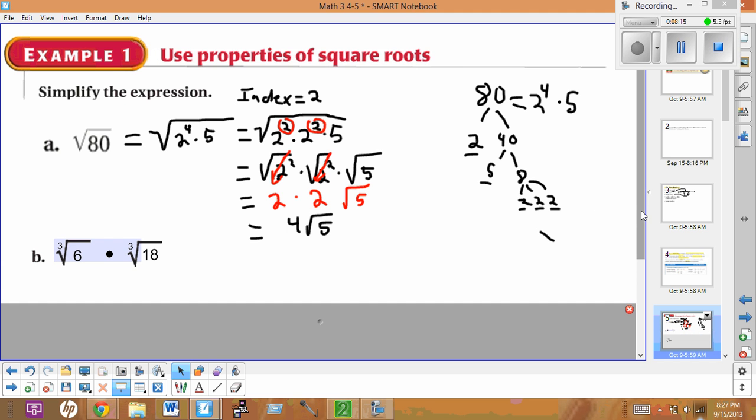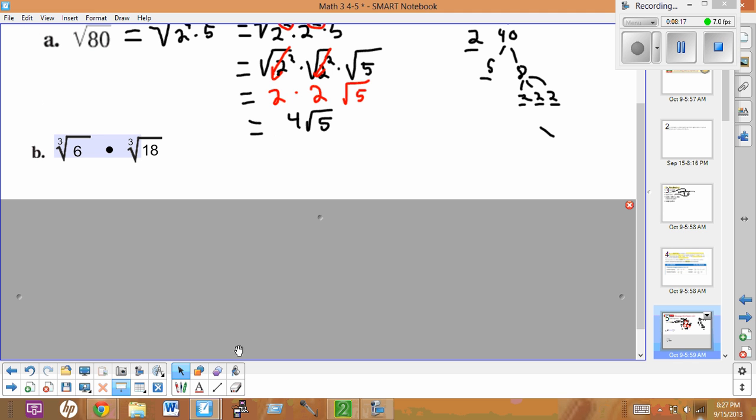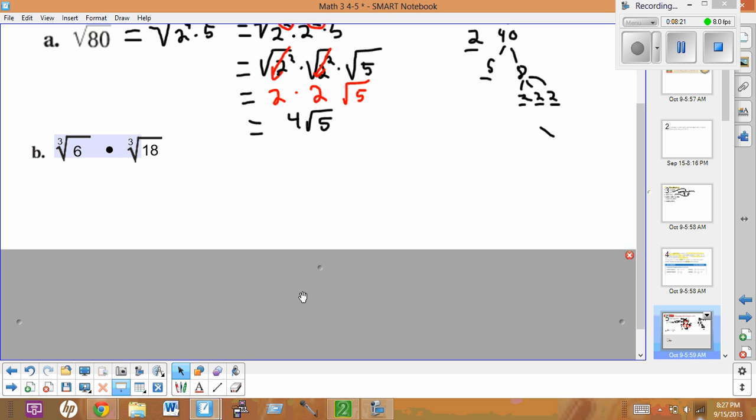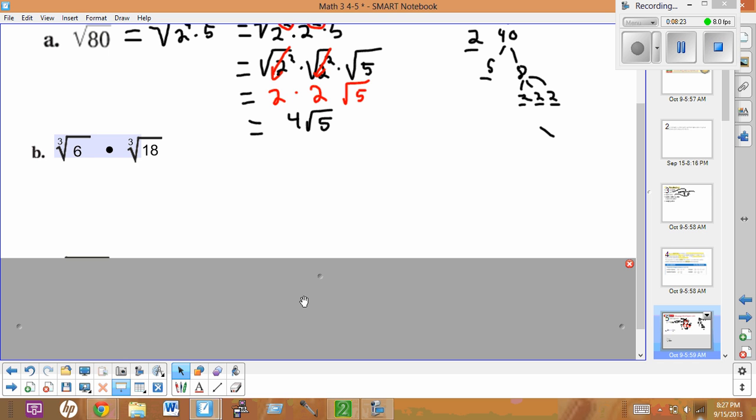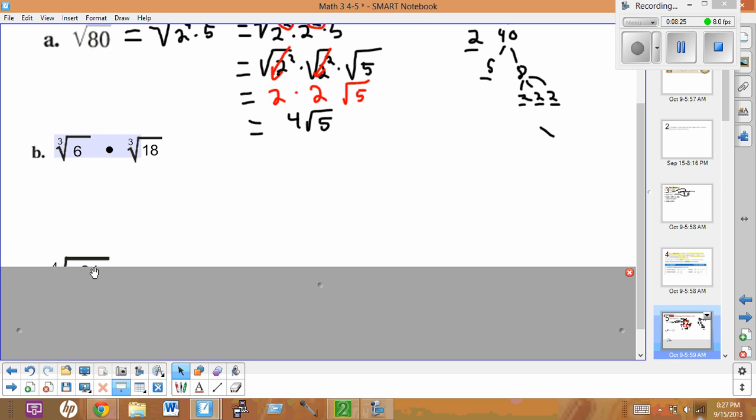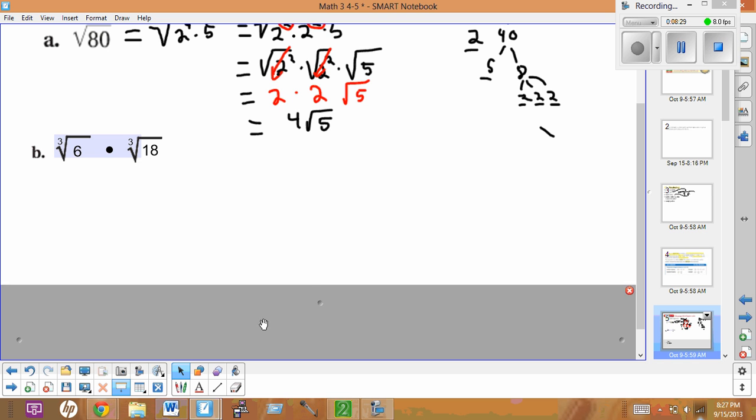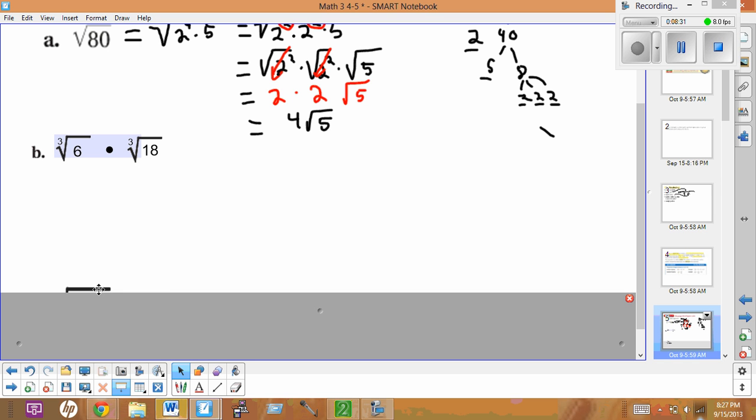All right, let's take a look at the next example. Go ahead and write down the cube root of 6 times the cube root of 18.